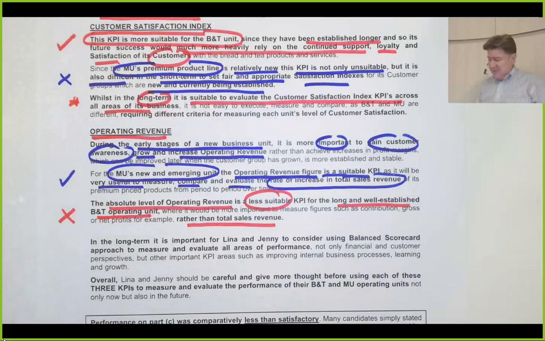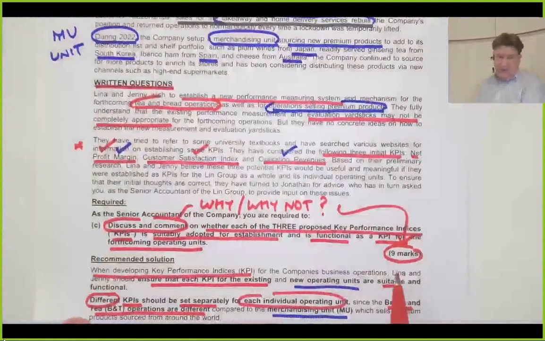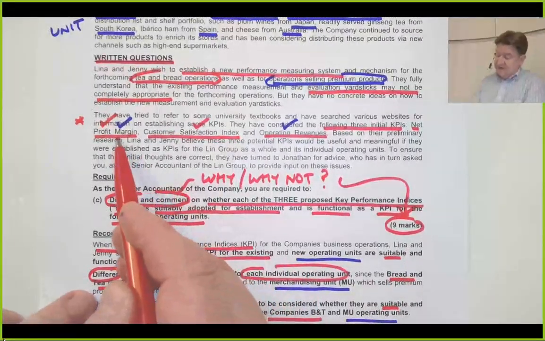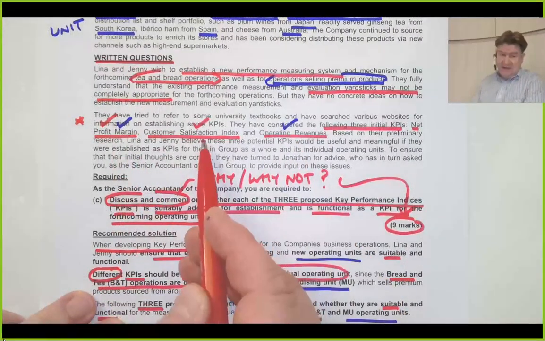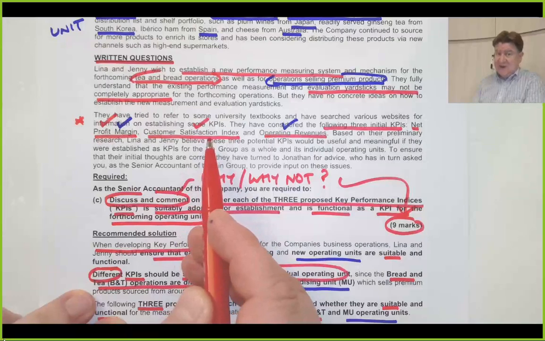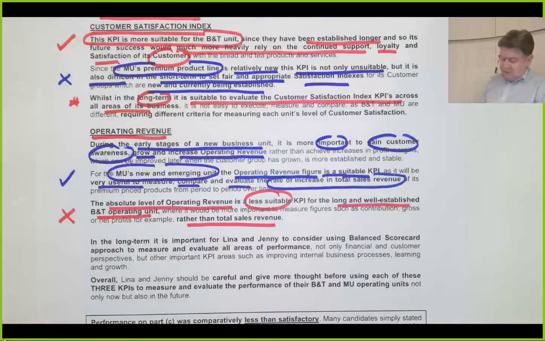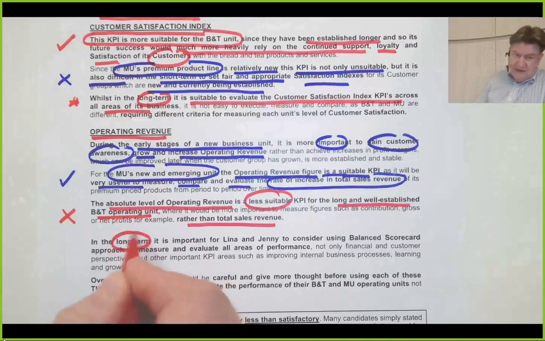Now, I'd just go back and finish off for 9 marks just at the end. This is financial, this is financial, this is customer perspective. Well, we shouldn't just be only looking at those KPIs. We talked about balanced scorecard last time.